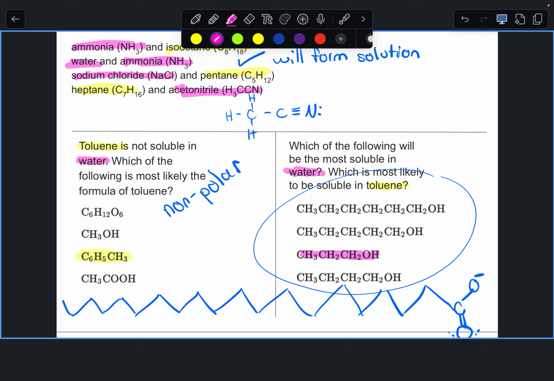So for the toluene one, this longest chain here, where there's lots of carbons and hydrogens, is where you're going to have more of it dissolving in a non-polar solvent. So it's basically which part is more dominant.